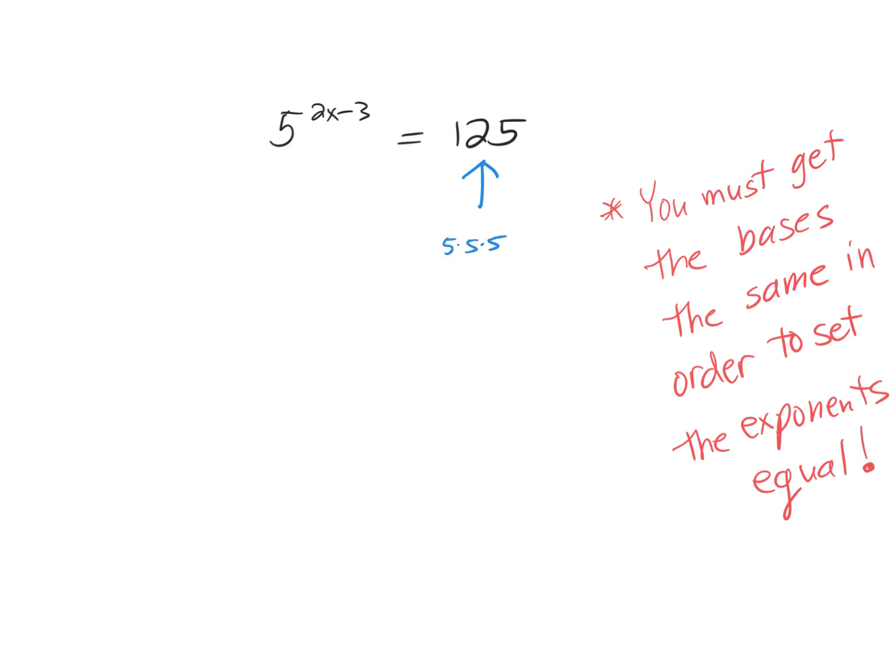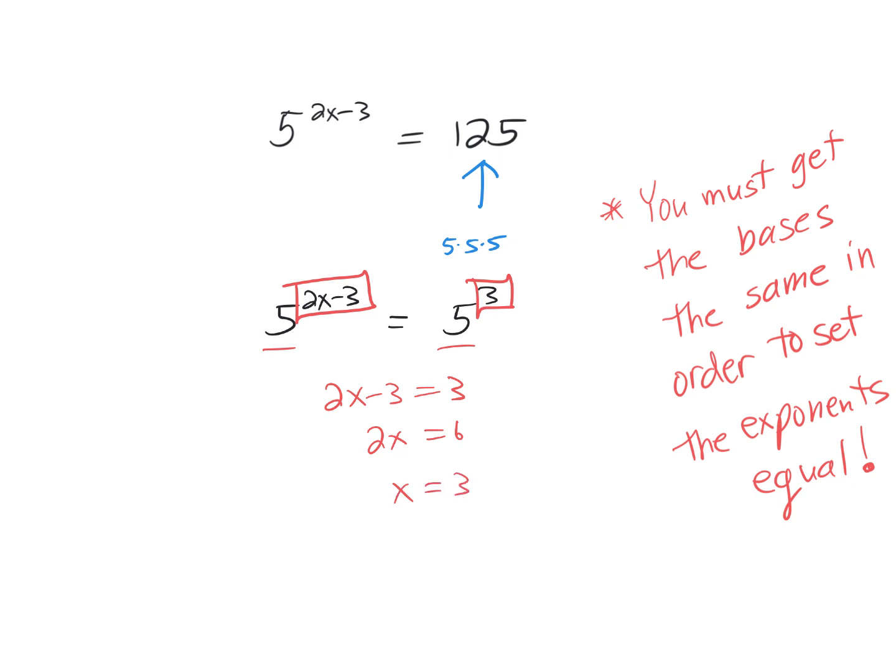So I can write that as 5 to the third. So what I end up with is 5 to the 2x minus 3 equals 5 to the third. And since the bases are the same, this quantity must be the same as this quantity. So I've got 2x minus 3 equals 3. I add 3 to both sides, and I get 2x equals 6. Divide by 2, and x equals 3.